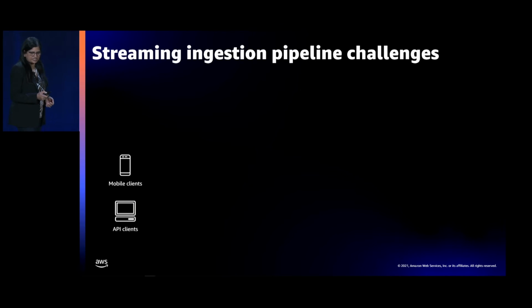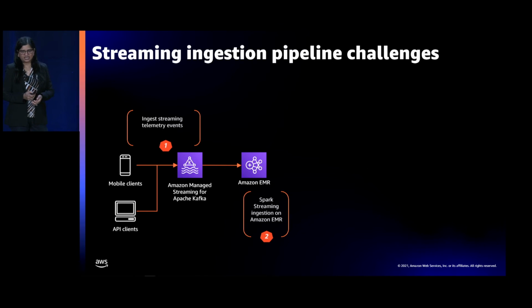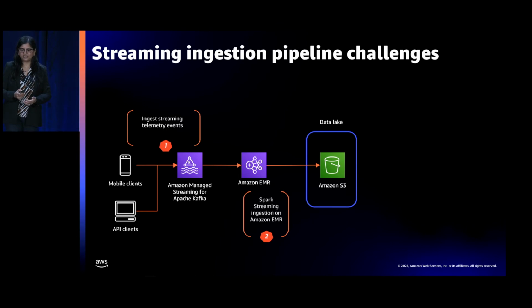It looks something like this. You have a mobile client or API clients that are sending telemetry data into a streaming service such as Kafka or Kinesis. Then you have a Spark streaming job running on Amazon EMR, ingesting data from this Kafka topic, and then putting it out in the S3 data lake for consumption.